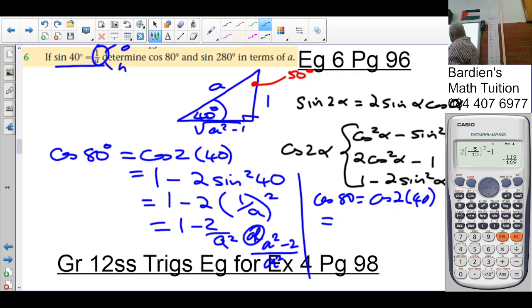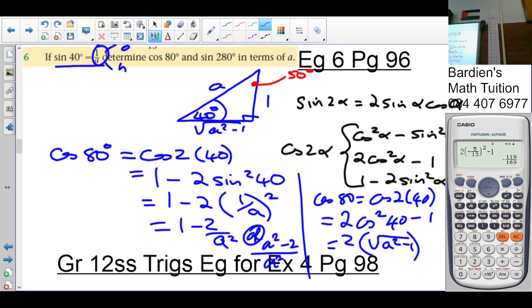So if I use the one dealing with cos, it's going to be 2 cos squared 40 minus 1. So you say 2 cos, what does cos stand for? Adjacent, which is the square root of a squared minus 1 over a, and it must be squared.